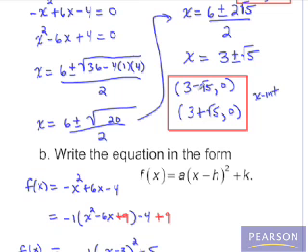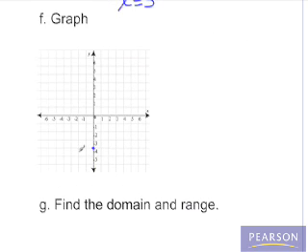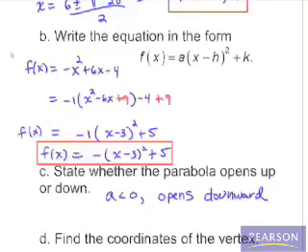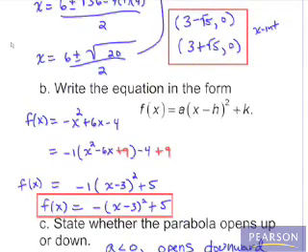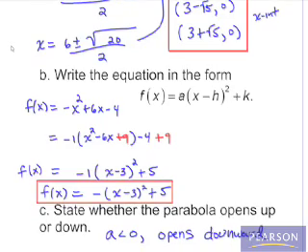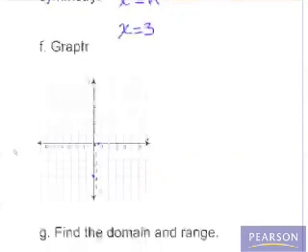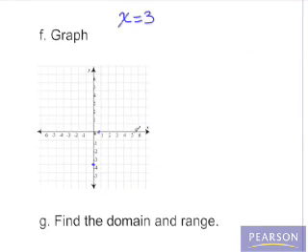So we'll have 0.76 comma 0. 0.76 comma 0 is right about here, and the other x-intercept, 3 plus the square root of 5, 0, that's approximately 5.24. So 5 and a little bit more is located here.